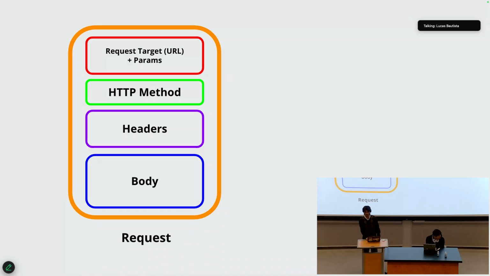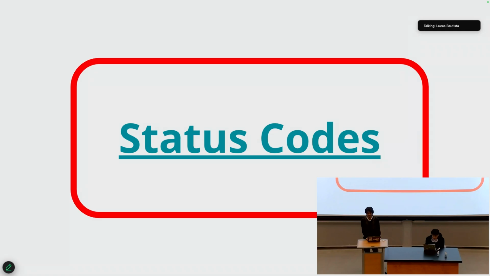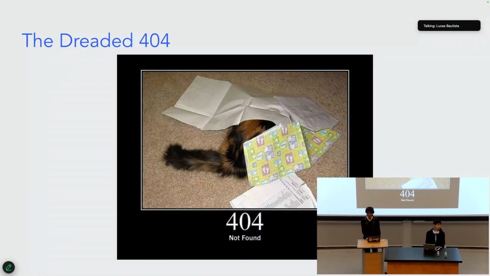Now that we've covered how a request is structured, we're going to look at how a response is structured. So, status codes. Whenever we send a request to a server, the server is going to respond in some way. An example would be the dreaded 404.